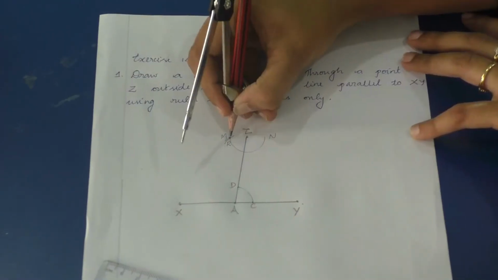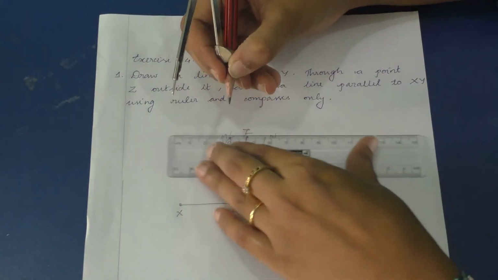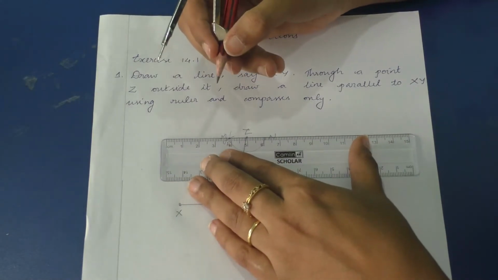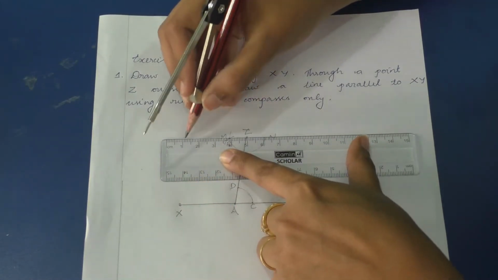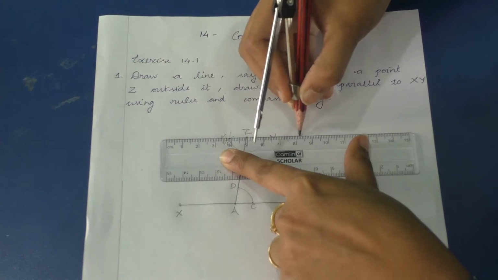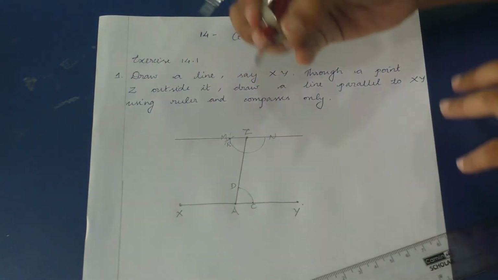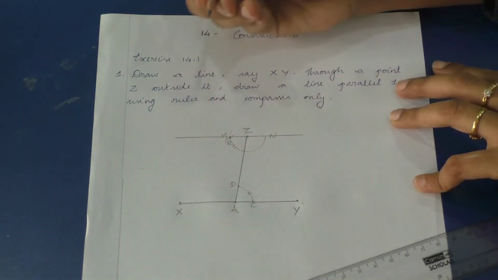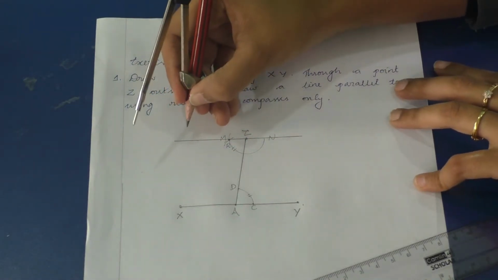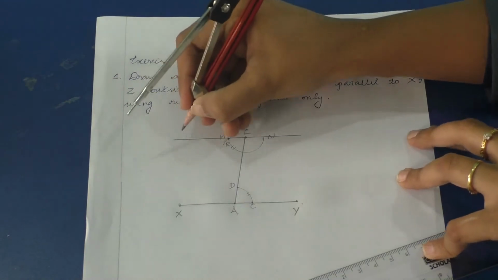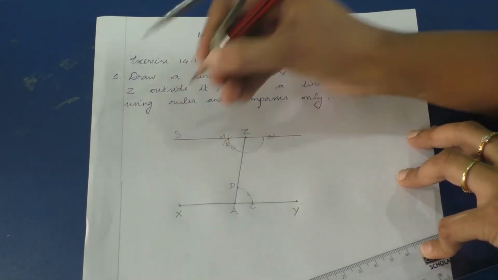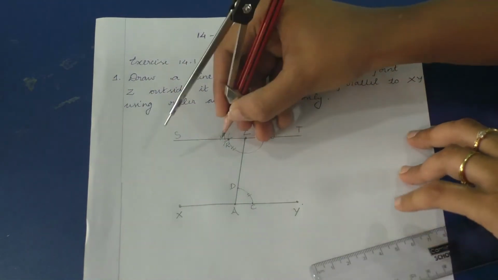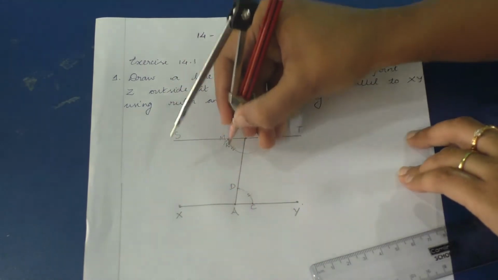Mark this point as R and let's join R and Z. Now if you see, this and this are the same, and here we have drawn a line, say ST, and this line is parallel to the other line.